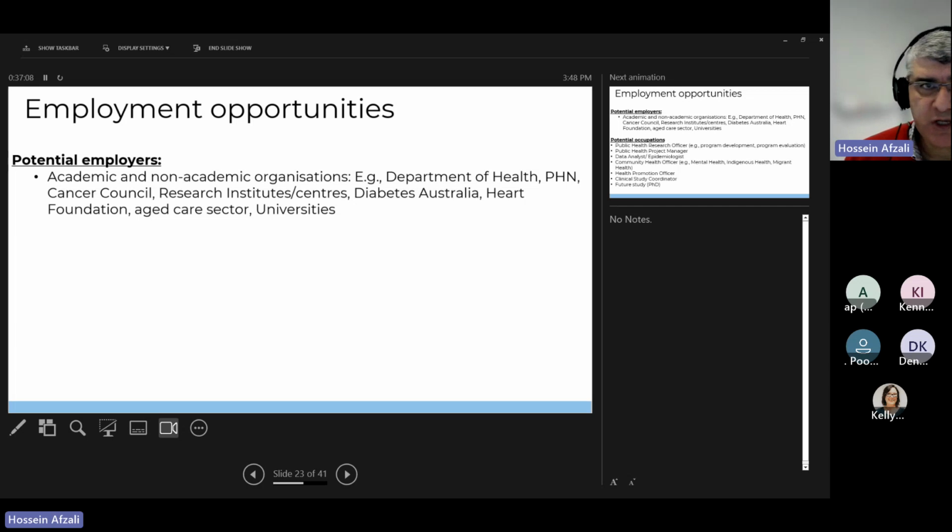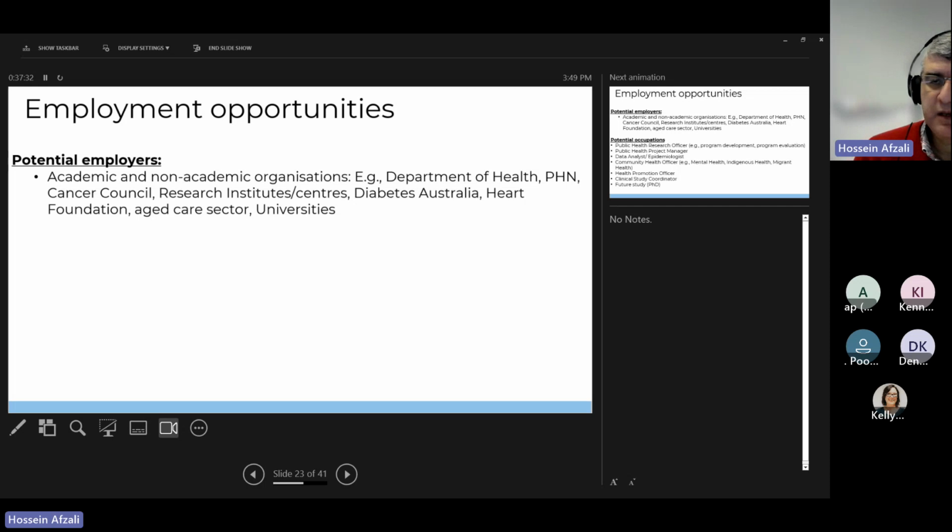There are some potential employers. So what happens after you finish your degree, MPH or graduate certificate? There is a range of potential employers in Australia, and I know each country may have a different structure in the health system and different employers, of course, potential employers for public health practitioners.